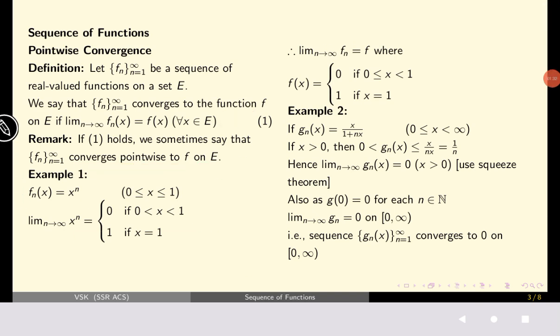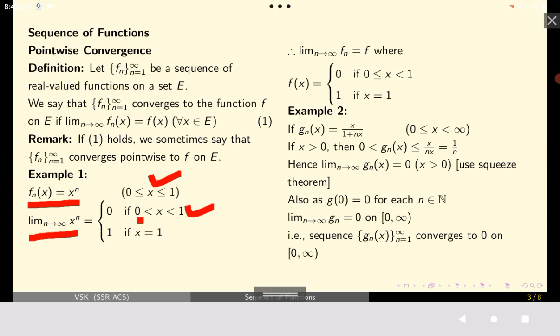So let us see one example. Let fn(x) equal x to the power n, where x lies in the closed interval 0 to 1. If you find the limit as n tends to infinity of x to the power n, then if 0 is less than or equal to x less than 1, we get the value 0, and if x is equal to 1, then we get the value 1.